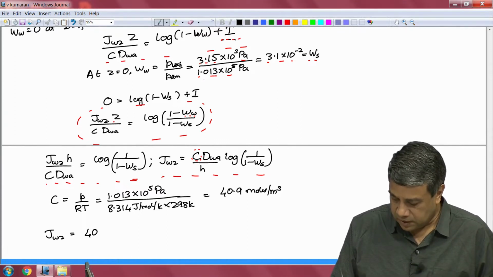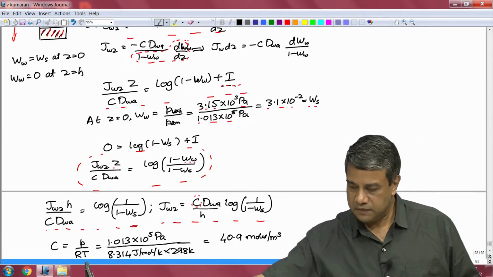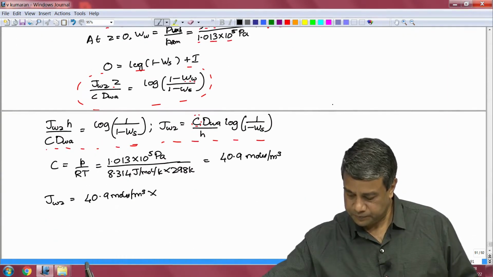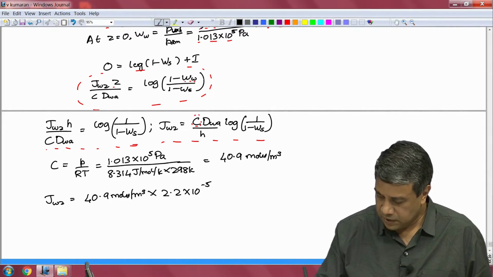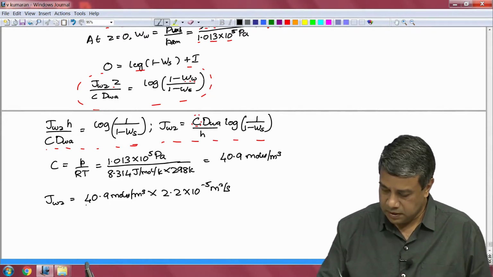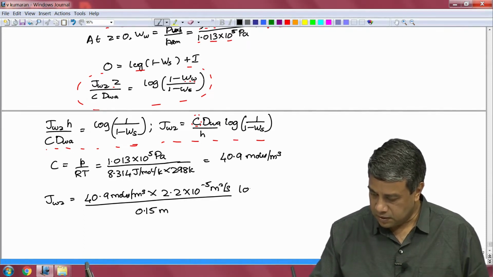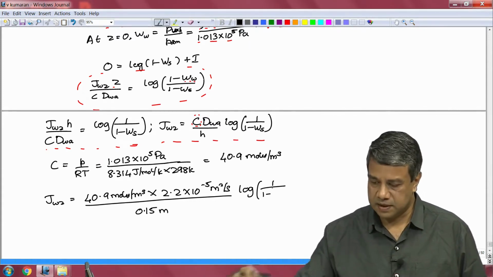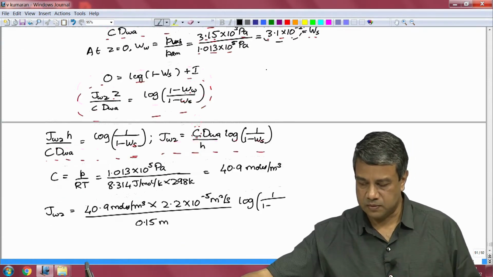JWZ is equal to 40.9 moles per meter cubed into the diffusion coefficient. The diffusion coefficient we had was 2.2 into 10 power minus 5 meter square per second, divided by h, which is 0.15 meters, into log of 1 by 1 minus the mole fraction at the bottom surface, which is the saturation mole fraction.